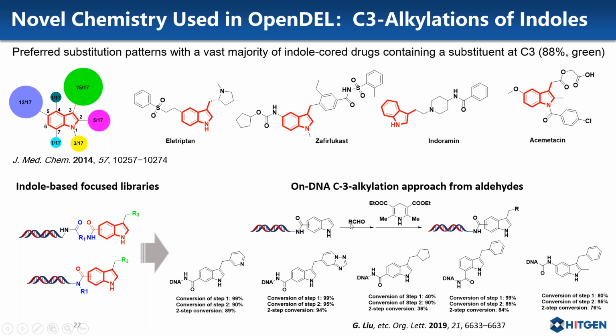The first step uses an aldehyde for addition on the 3-position of indole, and then a reduction to dehydroxylation to get the modification on the 3-position of the indole ring. The reason we use aldehydes is that in commercial sources, thousands of different aldehydes are available, which increases the diversity of the molecules on the 3-position of the indoles.